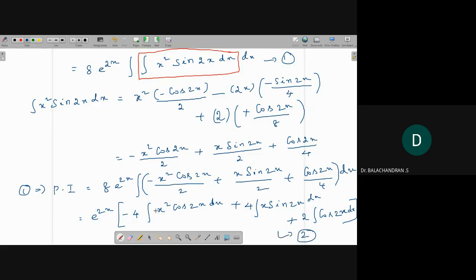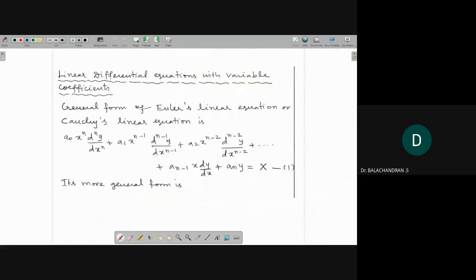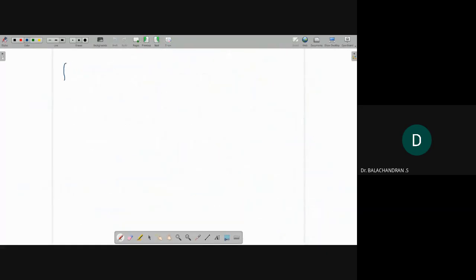Evaluate integral x square cos 2x dx first. So first you should keep x square as it is. If you integrate cos 2x, you get sin 2x by 2, minus.